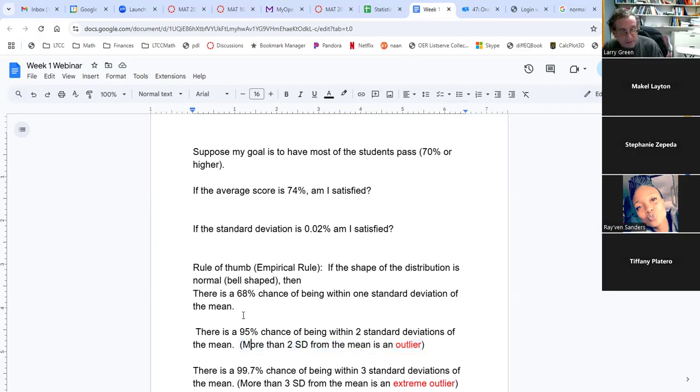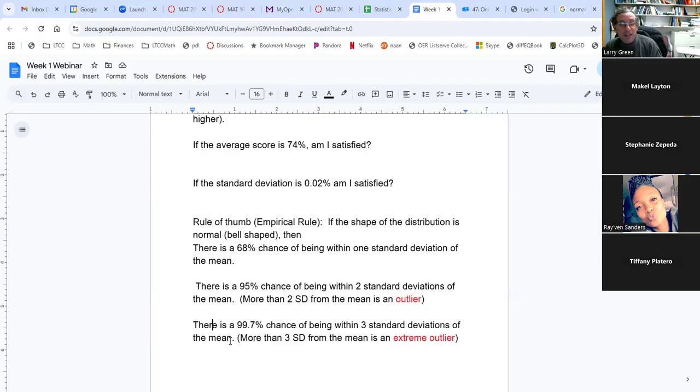Okay. For this, also called the empirical rule, there's a 99.7% chance of being within 3 standard deviations of the mean. So 95% chance, that's a pretty high percent chance. So within 2 standard deviations, very common.